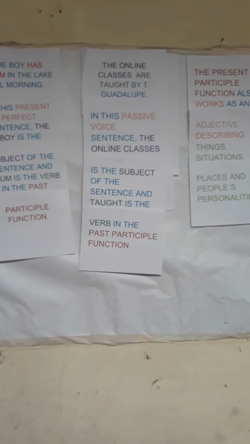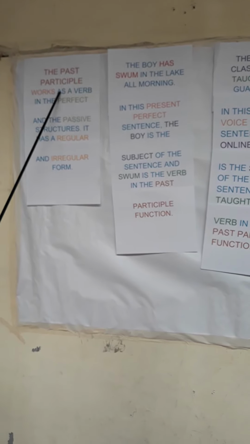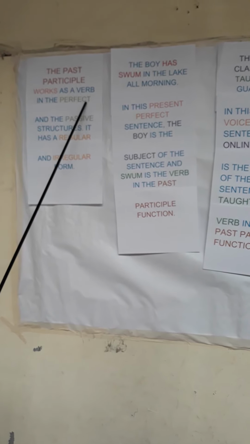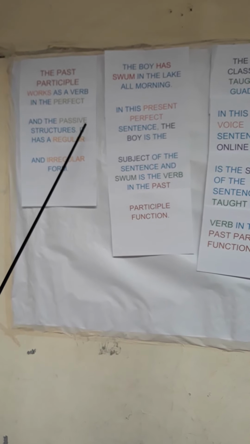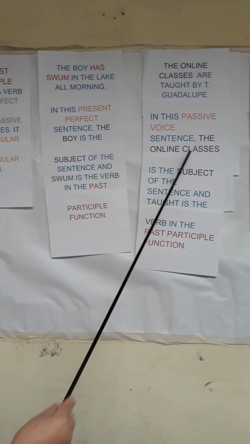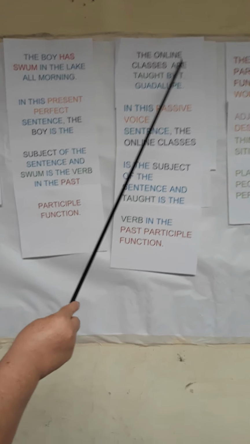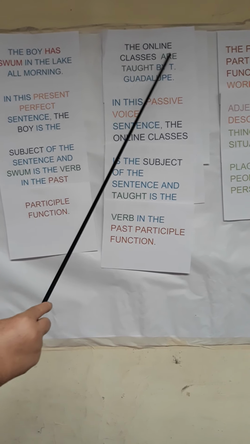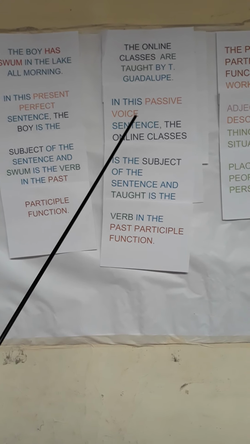As I said before, the past participle works as a verb in the perfect tenses, like this example, and in the passive form, like this example, okay? So the auxiliary be together with the past participle function makes a passive voice sentence or structure.